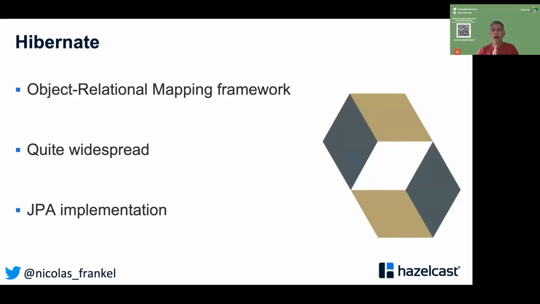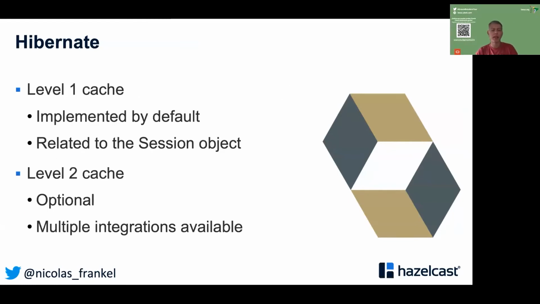First, I guess that a lot of people here know about Hibernate. It's an age-old object relational mapping tool, quite widespread in Java, and it has been a JPA implementation for a long time. Probably you've come across caching in Hibernate.